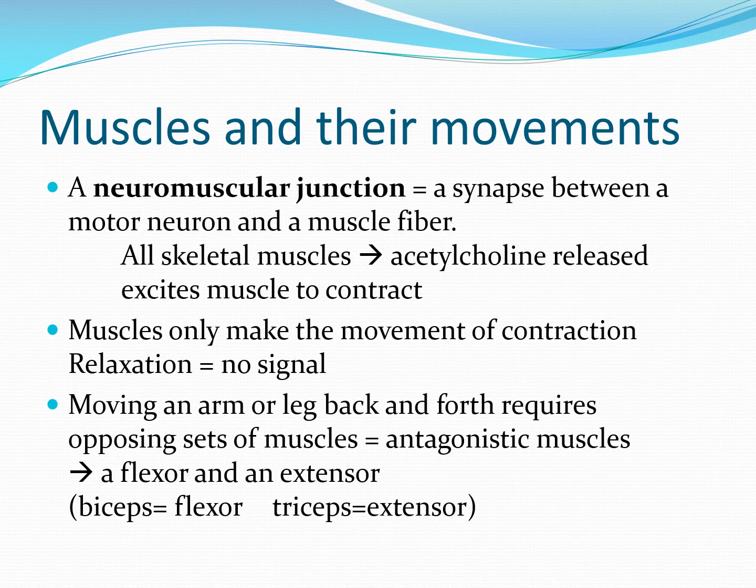So moving an arm or a leg back and forth requires these pairs of muscles which act in opposing sets. They're usually referred to as antagonistic muscles, a flexor and an extensor, where the biceps is the flexor. I usually do this in front of the class and make my little muscle.